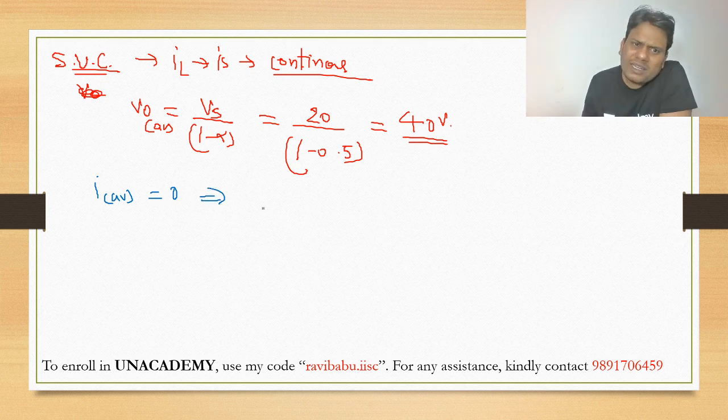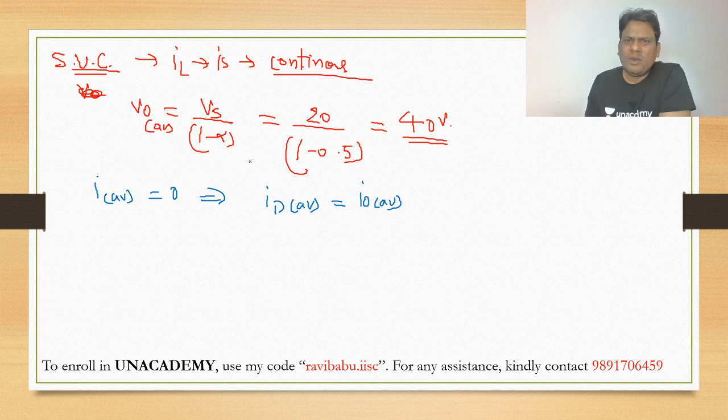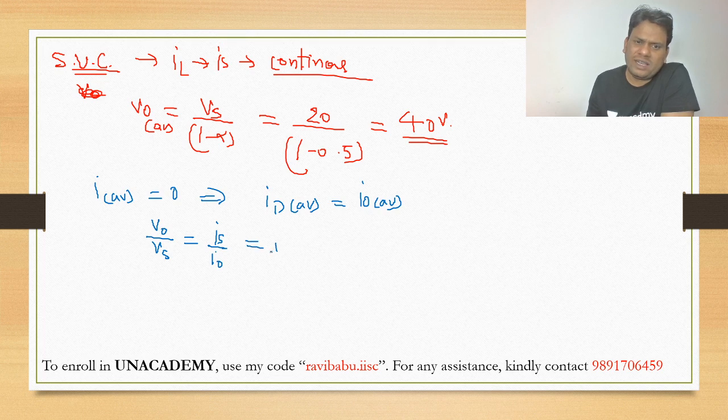Due to this reason, ID average will be equal to I naught average. And there, with the help of transformer action, we can write V naught by Vs is equal to Is by I naught is equal to 1 minus alpha.